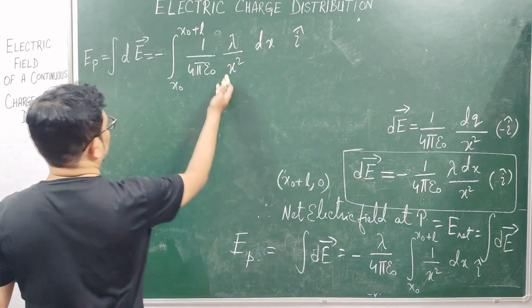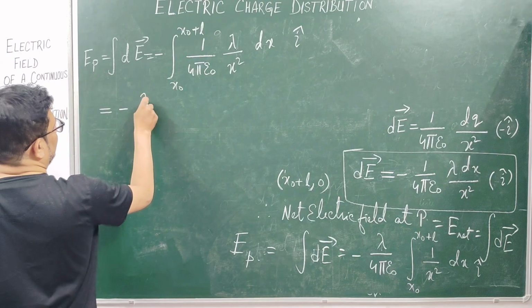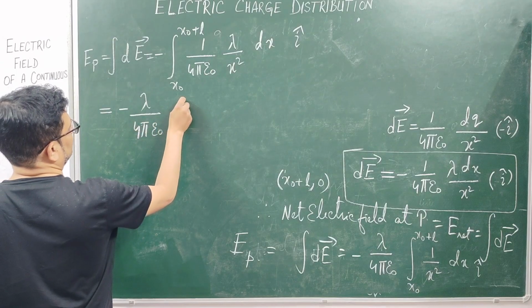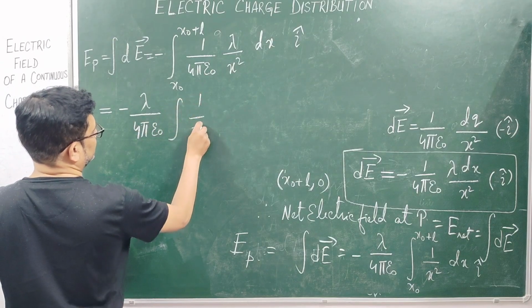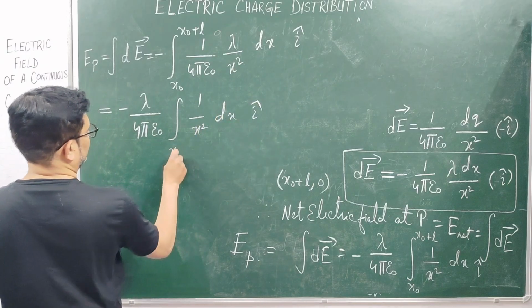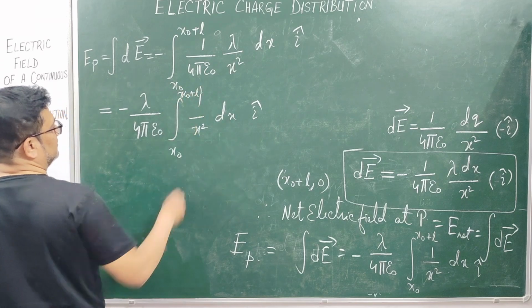So we pull all the constants out, and we will be getting minus lambda by 4 pi epsilon naught, integration of 1 over x squared dx I cap, where x naught plus L is the limit.